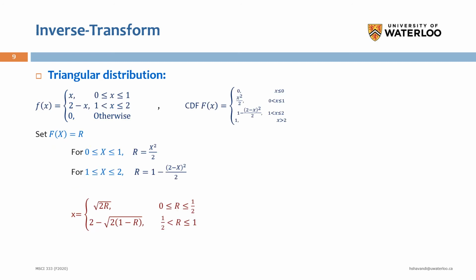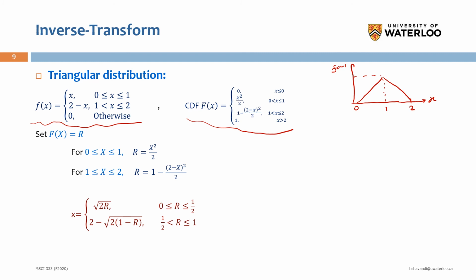For the triangular distribution, here we assume that we have a triangular distribution between 0 and 2. So 0 is here, here is 1, and here is 2. For this distribution, we have the PDF like this, based on the figure I have here, so the CDF becomes this.